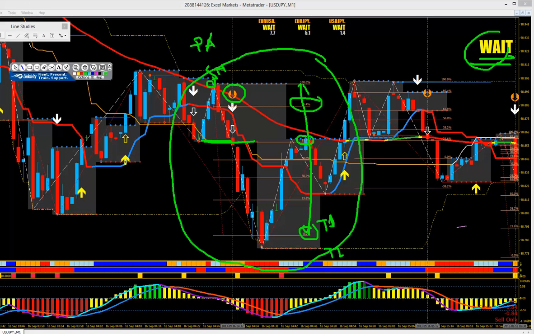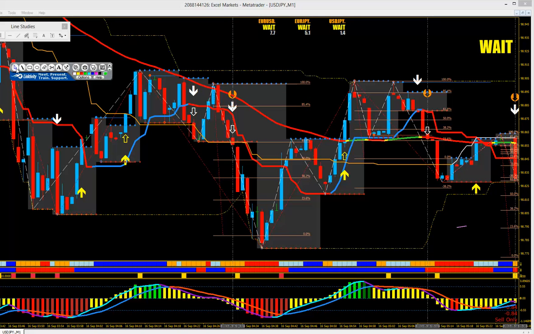Also, let me just mention the money management that I use. I risk 3% of my account and calculate using an 8 pip stop for my lot size. Okay, 8 pip is not a hard stop.